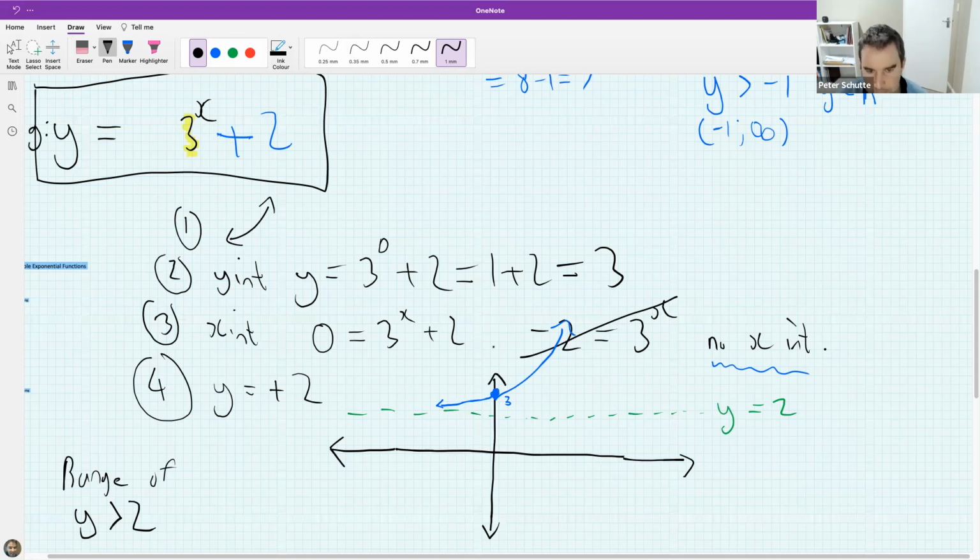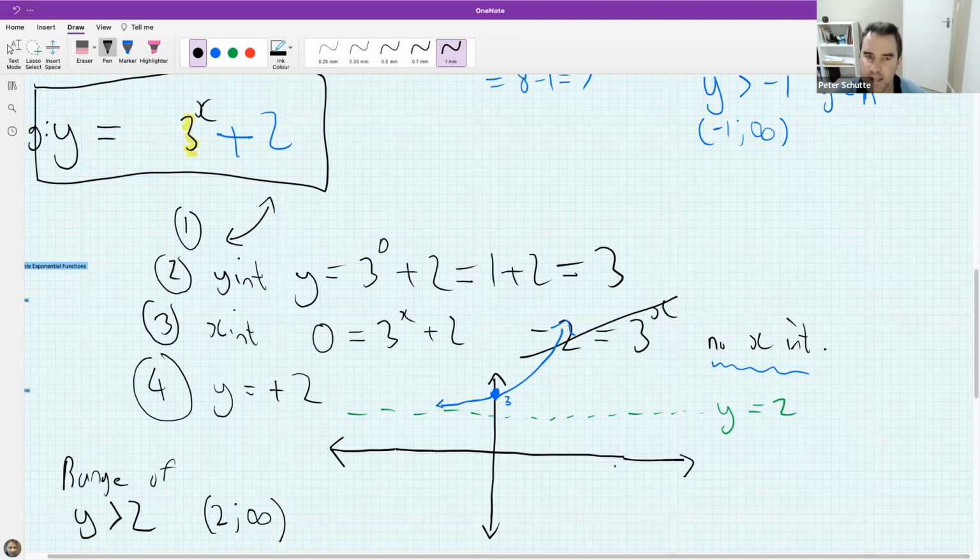It must be above 2, so it's greater than 2. If you want to use interval notation, you start by writing down 2, but you may not include 2 because 2 is on the dotted line. And you say, where do I go to? Well, I can just keep going forever. And so I get that.